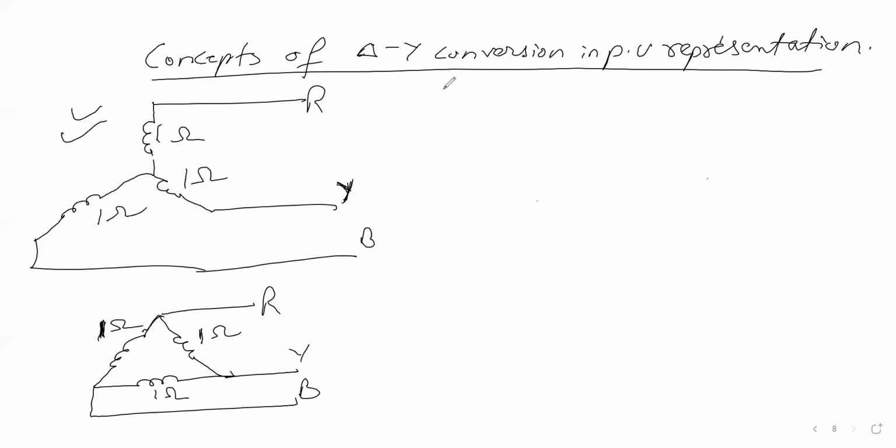So we know that Z base for delta, sorry, Z base for star is VL square base by S base, right?